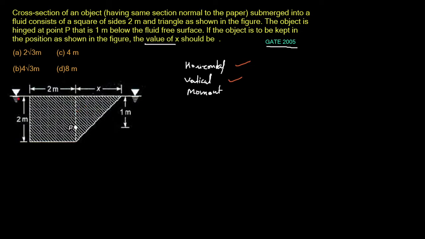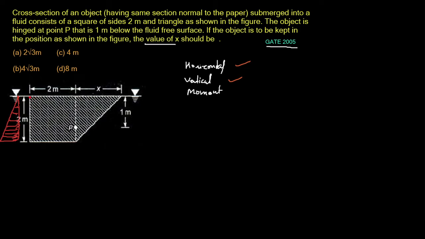And for that we will first consider the horizontal force acting on this surface. We know the pressure force will be varying linearly with respect to depth, and the total pressure force at the surface will be the area of this distribution. So here it would be gamma W into this height, that is 1, and this is a distribution, and the total force would be the area, and it would be acting at the centroid of the distribution, and here it would be 2/3 of the height from the top vertex of the triangle.